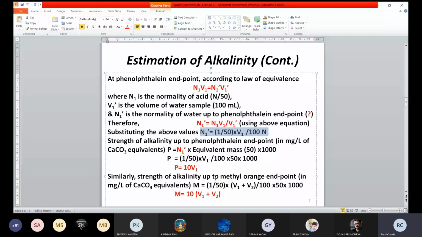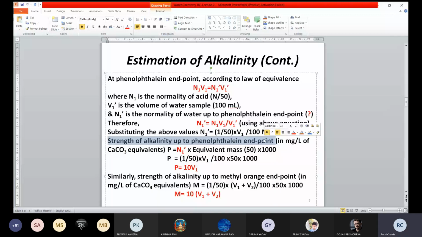In fact, this is how the results are expressed. You do not write the normality, you express the result in terms of strength. So to write the strength of alkalinity up to phenolphthalein endpoint, you will multiply the normality into equivalent mass.